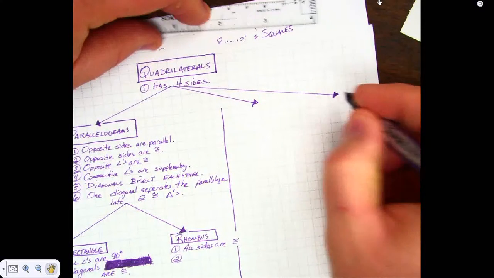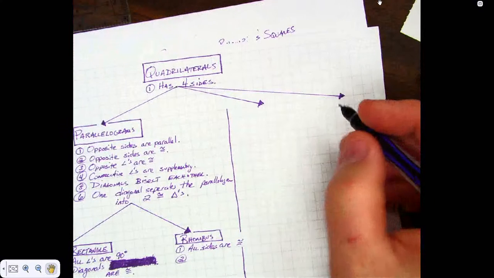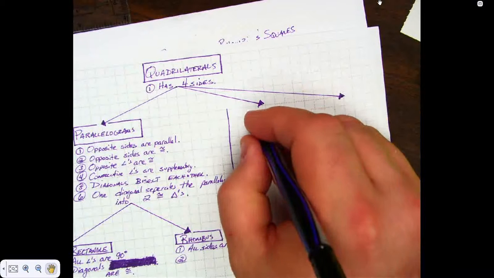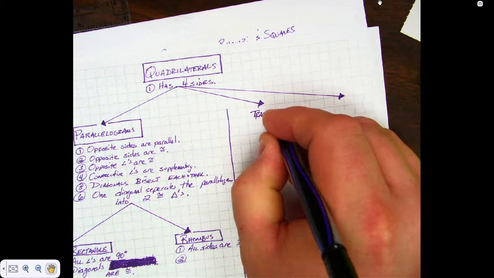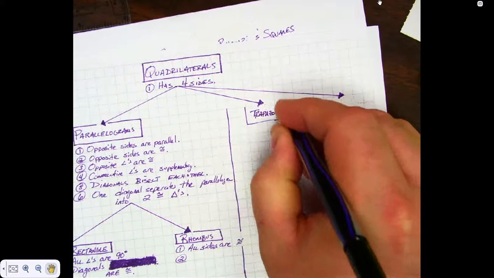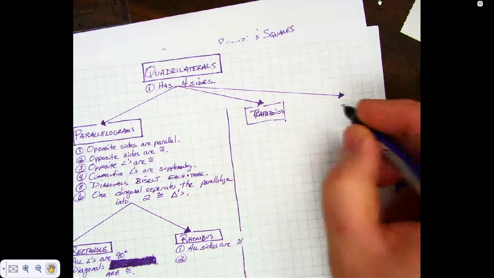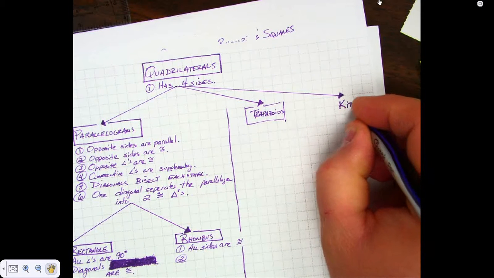It will be on a separate sheet of paper. Right here we'll have trapezoids. And here we will have kites.